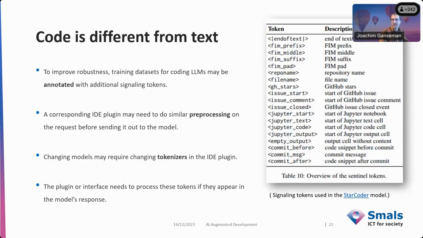This is not just, let's send the query. No, there's quite some pre-processing and post-processing that needs to happen. Likewise, each model, each dataset, might have a different way of tokenizing, of adding those additional tokens. So if you change models, you might also need to change tokenizers in whatever plugin you use in your IDE.